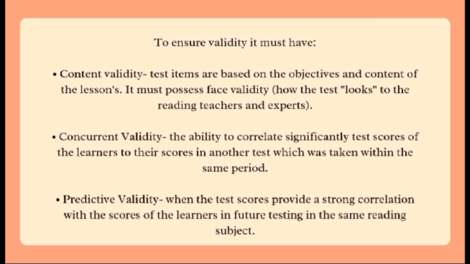Example of high content validity: a reading comprehension test covering various aspects of reading such as vocabulary, identifying main ideas, inferencing, and understanding the author's purpose, all based on the material taught in class. Experts in reading would agree that the test appropriately samples the relevant skills and knowledge.